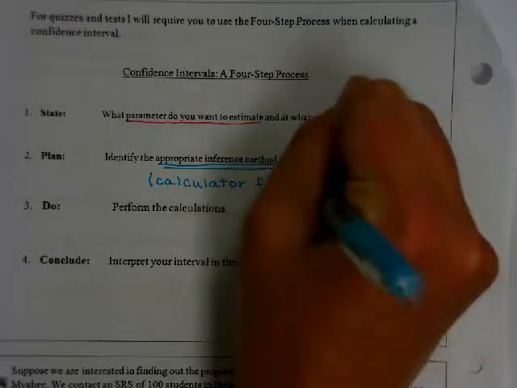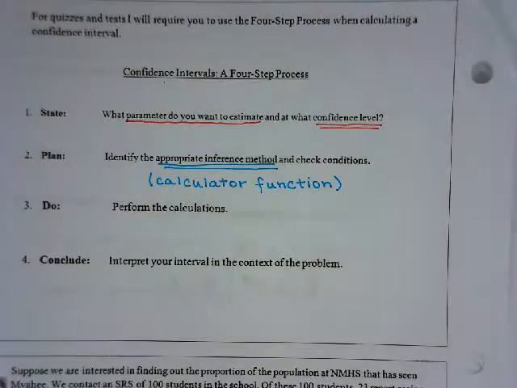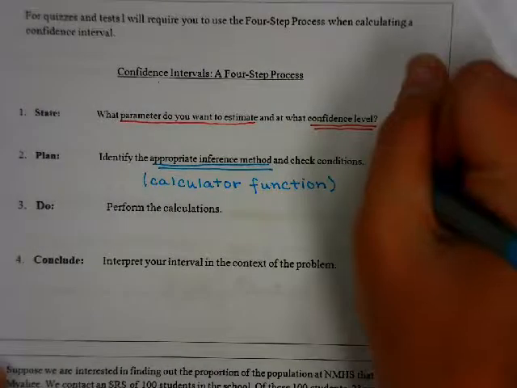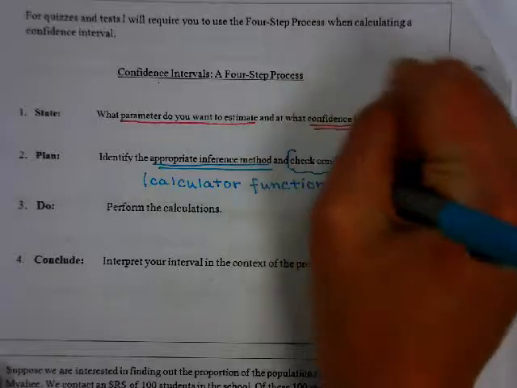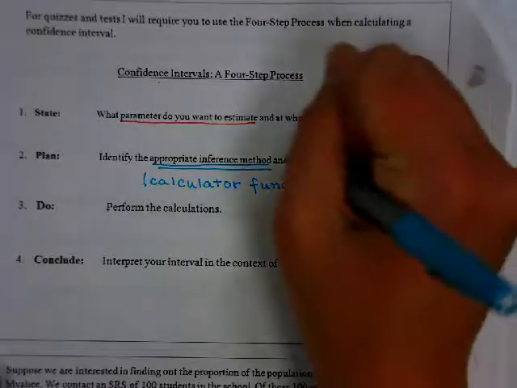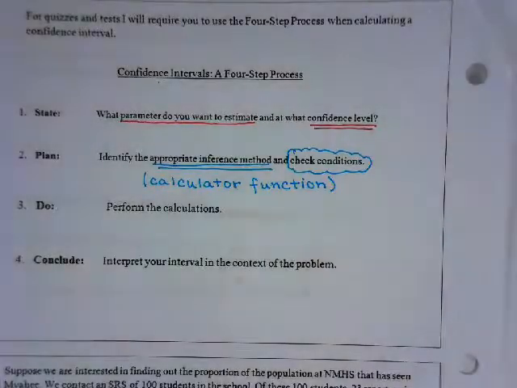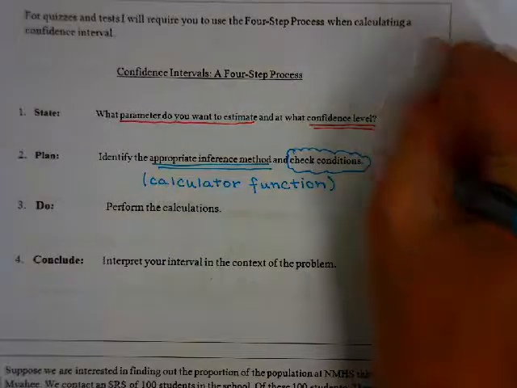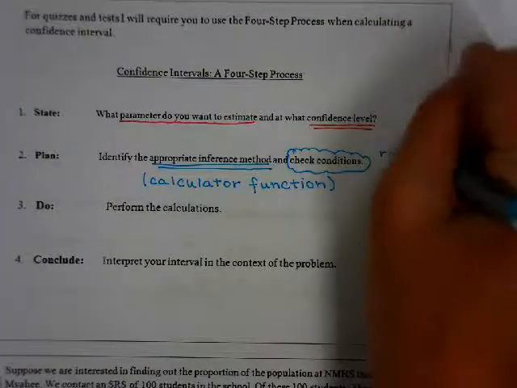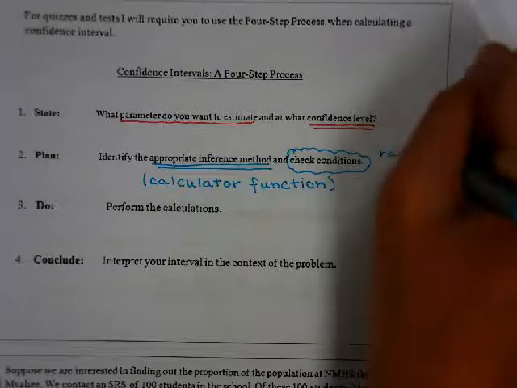That's the formula on the front, the p hat plus or minus z star times the standard error for our p hat. Check conditions. Those are what Anna reminded us of on the warm-up. Random, normal, independent. You check those conditions in the plan part.